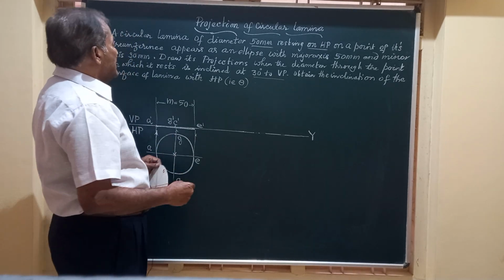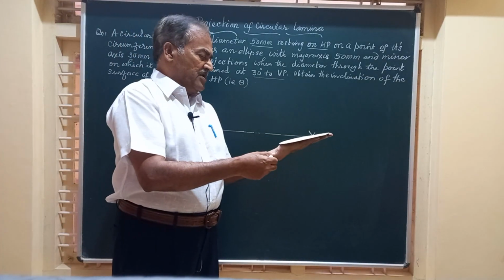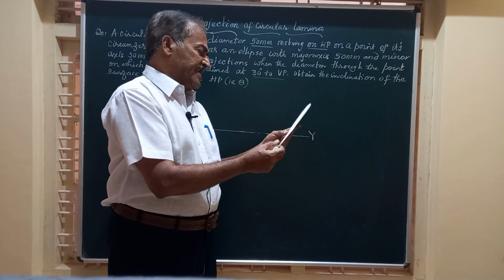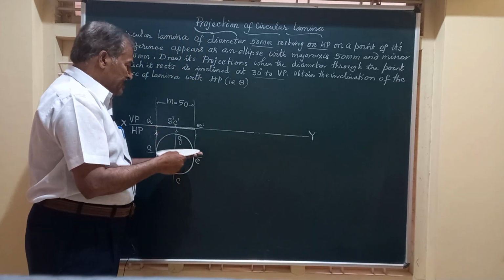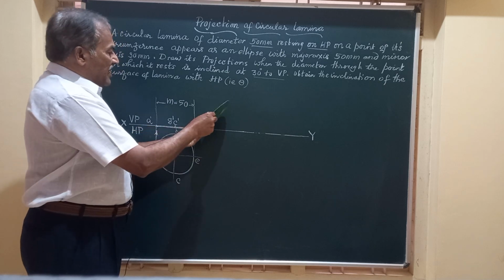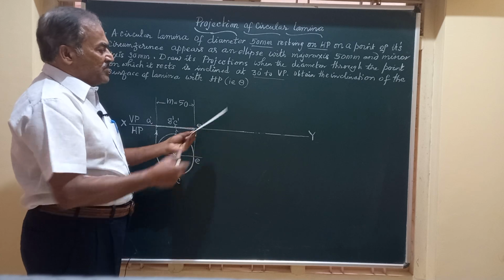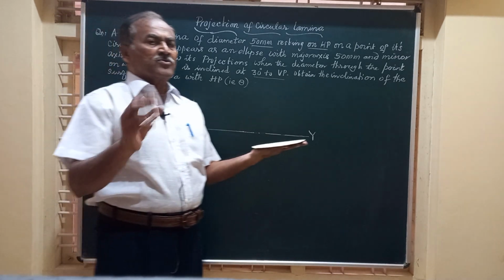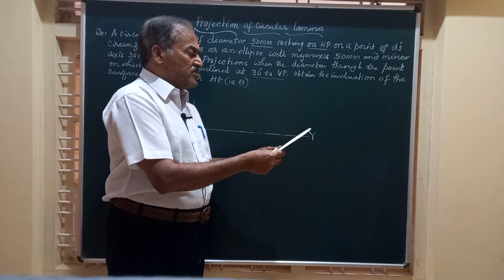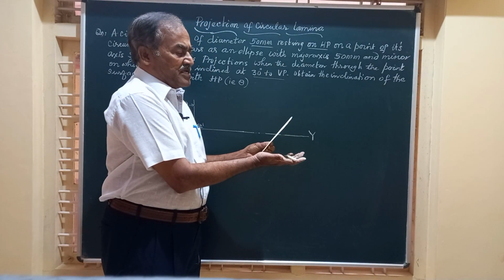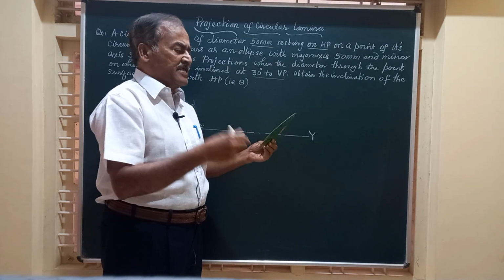Friends, he says the lamina, while resting on its surface on HP, is slowly rotated about one of the points, say A. That is, it was like this and it is going to rest like this. So what happens? When the surface is on HP, you see it as a circle. When it is slightly inclined to HP, it keeps on becoming an ellipse.